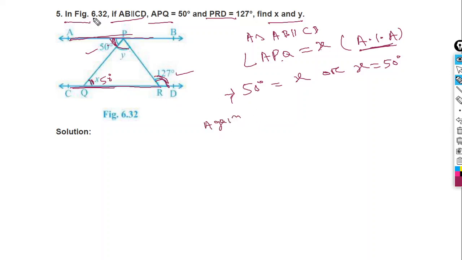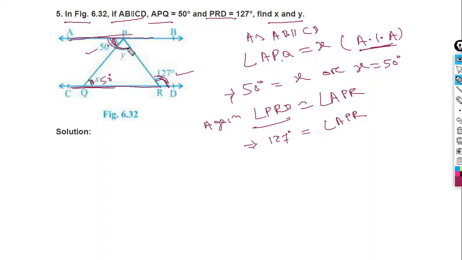Angle PRD equals angle APR, so 127 equals angle APR.